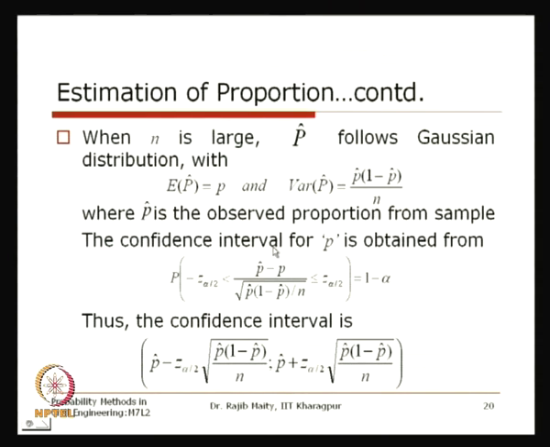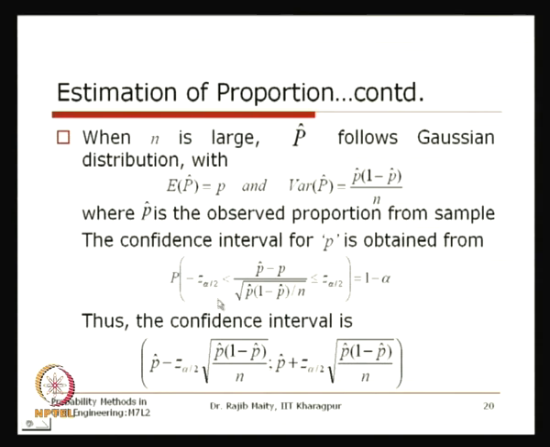Once we know that it has a normal distribution, then p cap minus the mean, divided by its standard deviation, which is the square root of p cap into 1 minus p cap divided by n, should lie within the confidence limits minus z alpha by 2 up to z alpha by 2 with the confidence level 1 minus alpha.